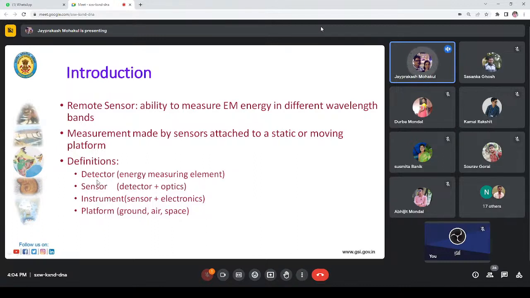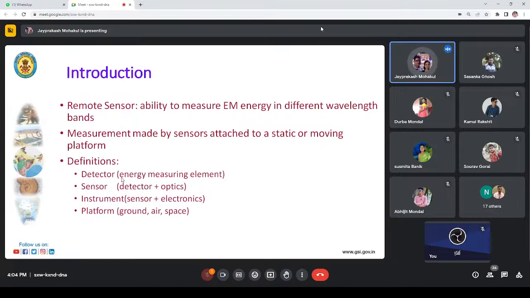Then we'll discuss the charge coupled devices, what I was telling you. They are basically the energy measuring element, the CCD, charge coupled devices, or solid state detector. They are equivalent to your rods and cones, right? Then the sensor is a combination because the light has to be routed through optics, right? It could be a lens, it could be a combination of lens and a mirror.